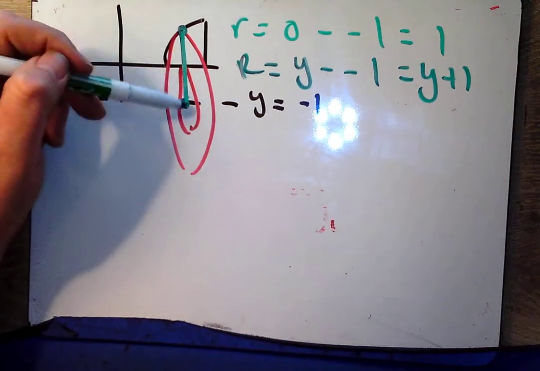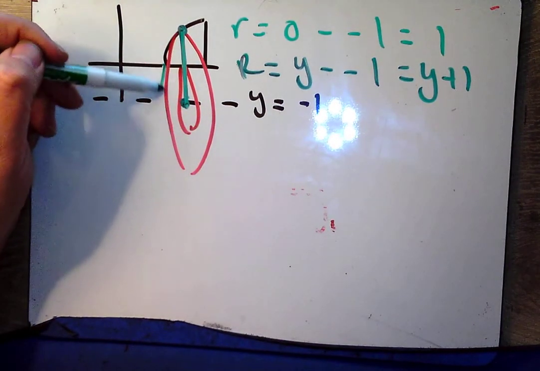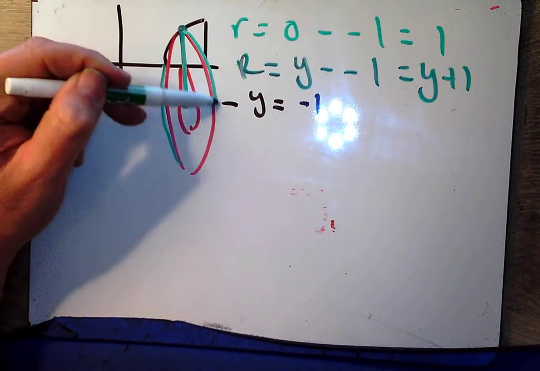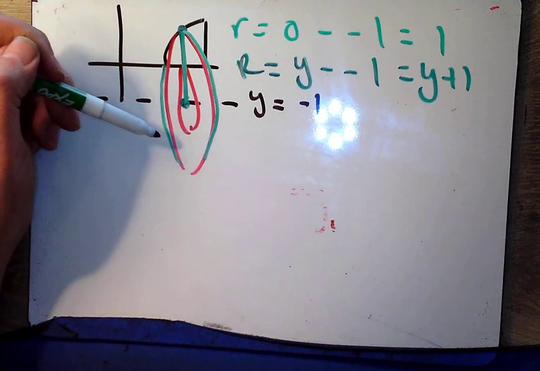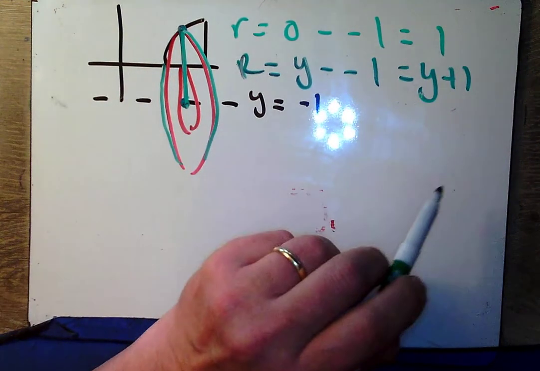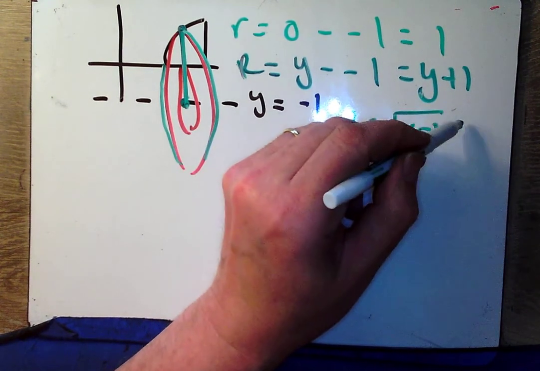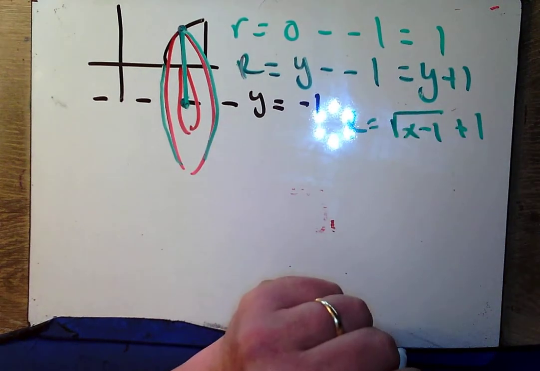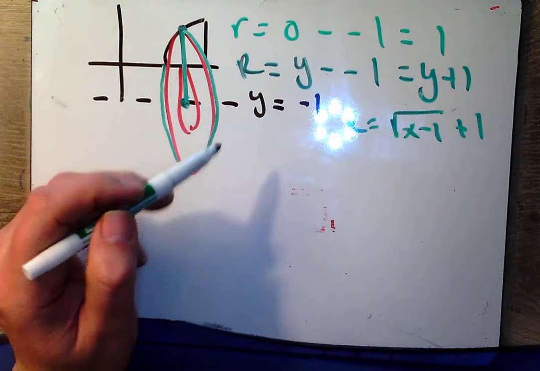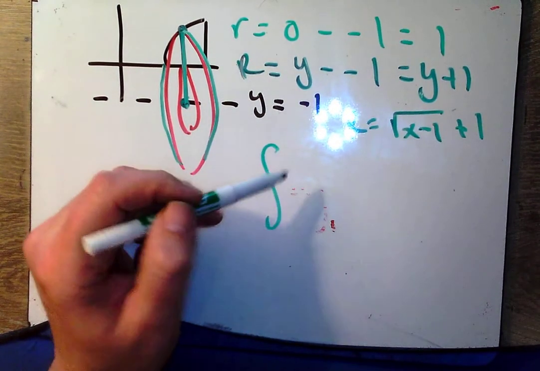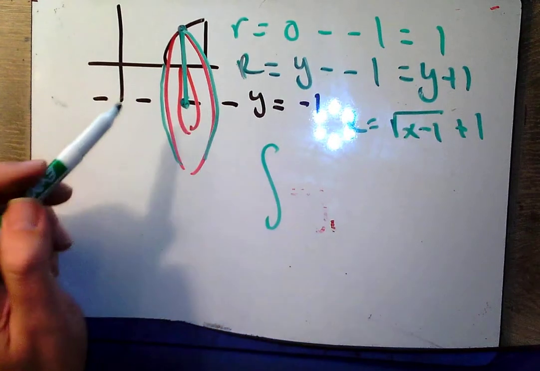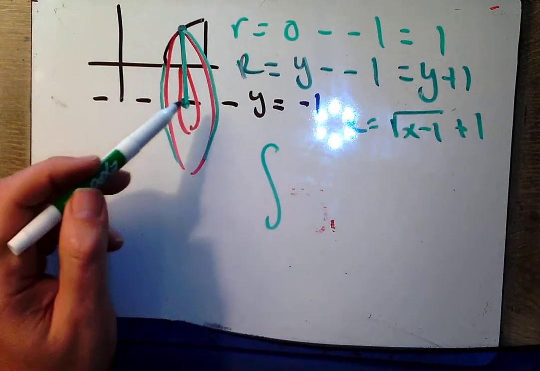Now I do notice that these slices have a dx thickness to them. So I don't want to have that. Instead, I want square root of x minus 1 plus 1. Okay, so my integral then, and these are x things, right? Are they x things or are they y things? These are x things.